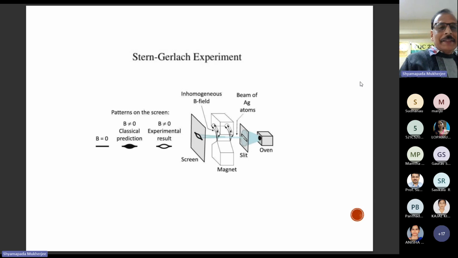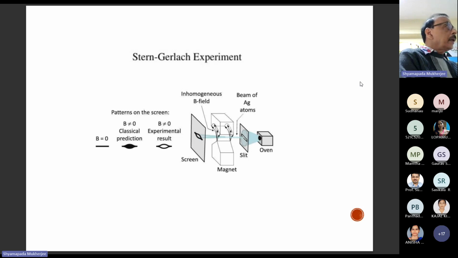Now you see the Stern-Gerlach experiment. Observe closely. Suppose silver atoms are produced, and these silver atoms are made to pass through horizontally like this. When this silver atom beam passes through a magnet, and this magnet is an inhomogeneous magnet, like you have a North Pole and a South Pole, and somehow one pole is made stronger and the other pole a little weaker.